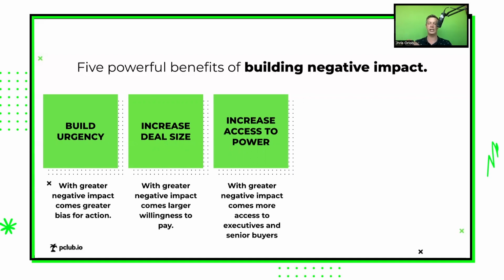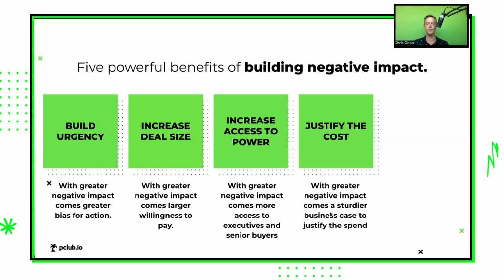And when you're building the perception of a larger problem by exploring negative impacts, you're more likely to align with a priority that a senior buyer, C-level executive, whoever you want to get access to, you're more likely to get on their radar.